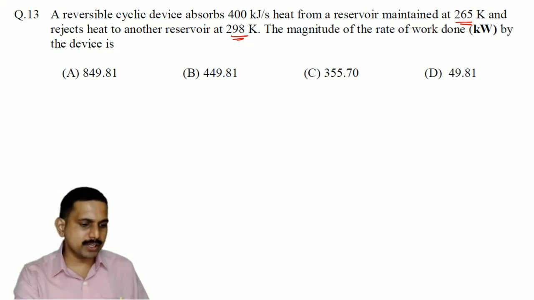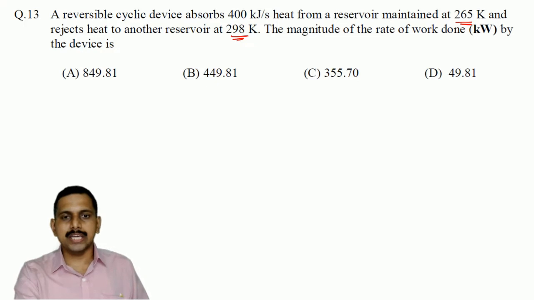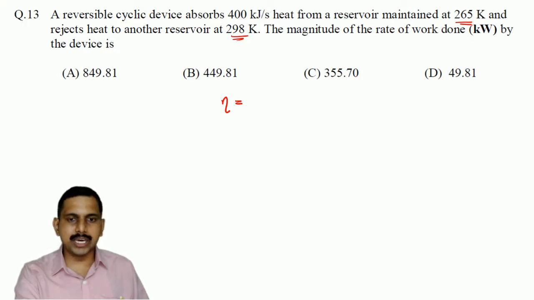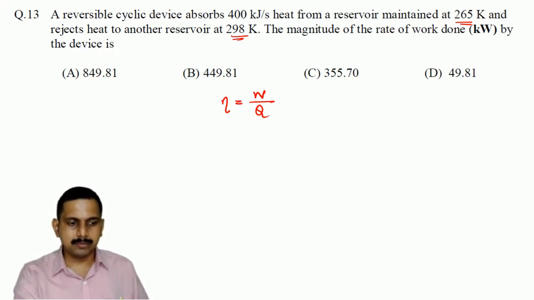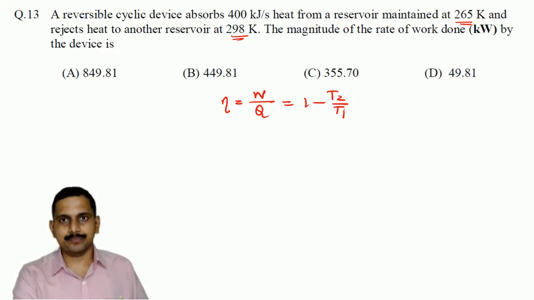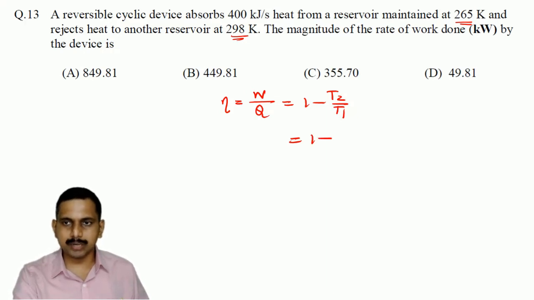What equations can we use? We can use the efficiency equation. Yes, efficiency will come negative here, but we don't have to worry. Efficiency is the work done by the heat transfer from the main reservoir, which can be written as 1 minus T2 by T1. Here T2 is greater than T1, so you will get negative efficiency, not a problem.